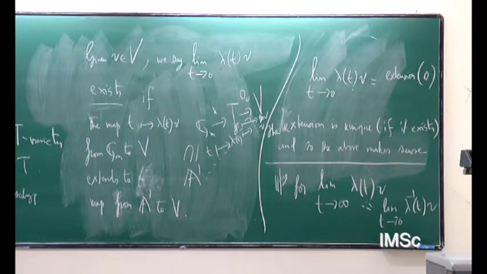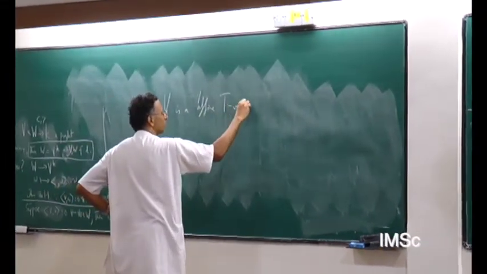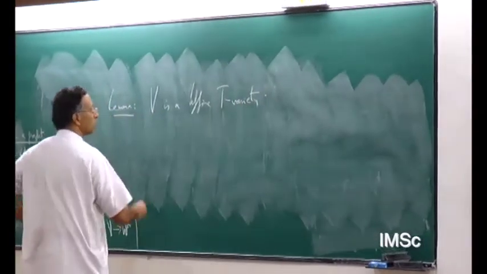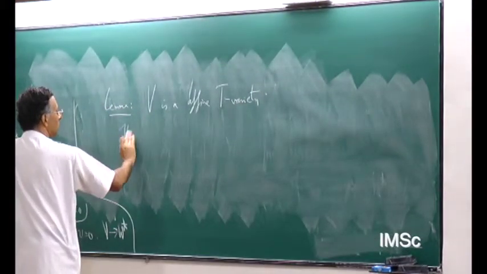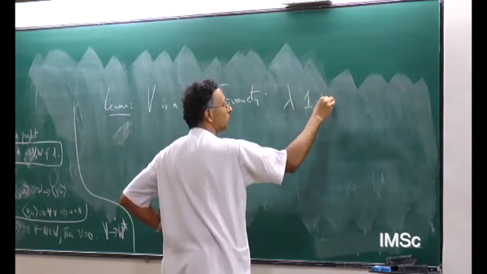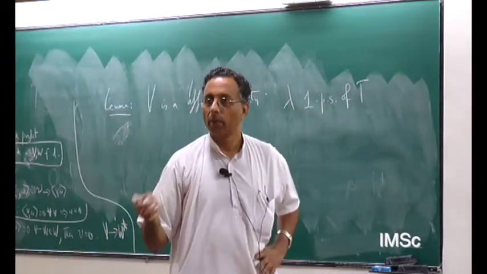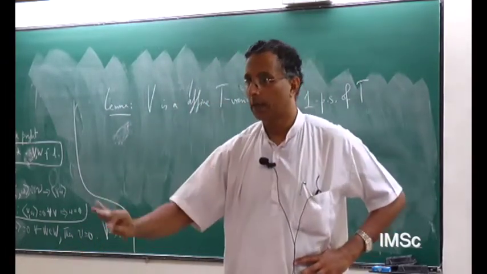Here is a lemma. V is an affine T variety. Lambda is a one parameter subgroup of T. Co-character, one parameter subgroup, all these are equivalent terms.